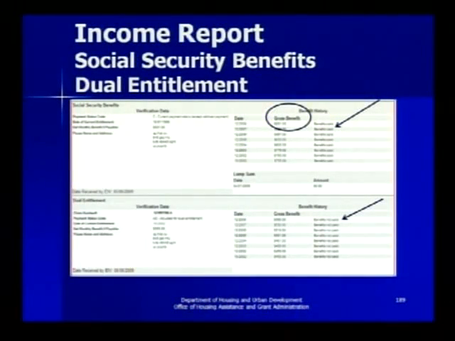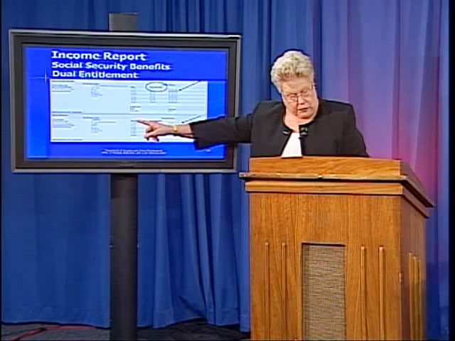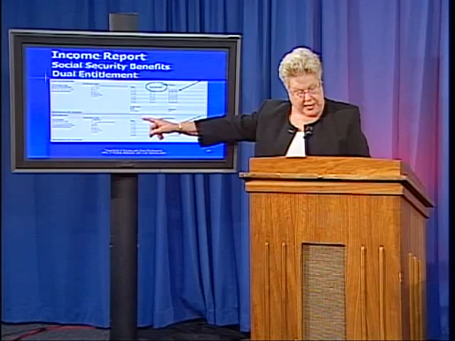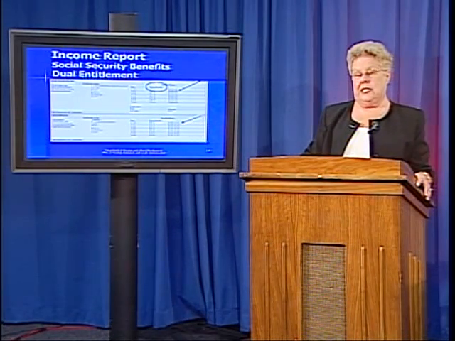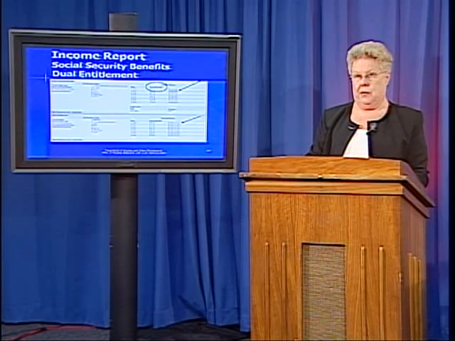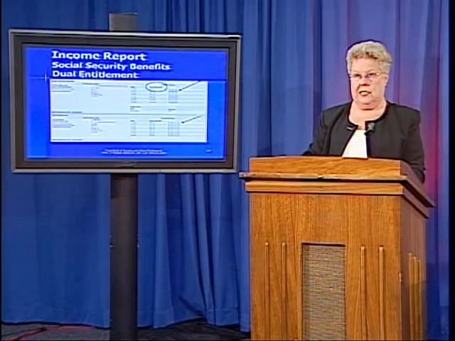The report will show the last 8 actions that were processed by SSA. Also on this dual entitlement, there's a field over here that has a claim number, and that will list the Social Security number of the person who the tenant is drawing benefits on behalf of.